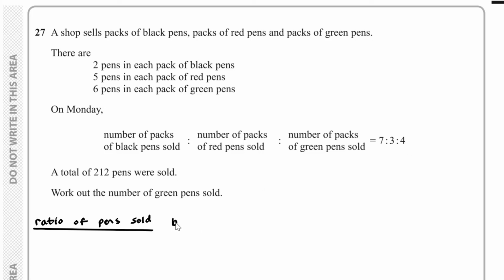So here, black to red to green. We've got here 14. 3 times by 5, that's 15. 6 times by 4, that's 24. And that's because we have 2 pens in each black pack, 5 pens in each red pack, 6 pens in each green pack. And we know that the ratio of the packs is 7:3:4. So, with this, we want to find out the number of green pens sold.